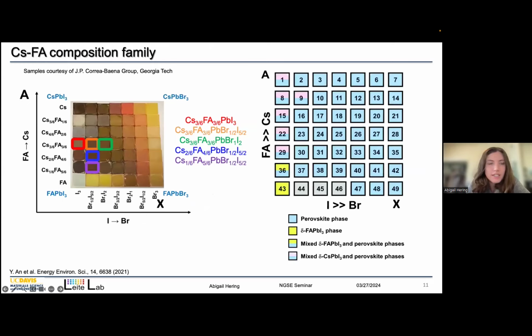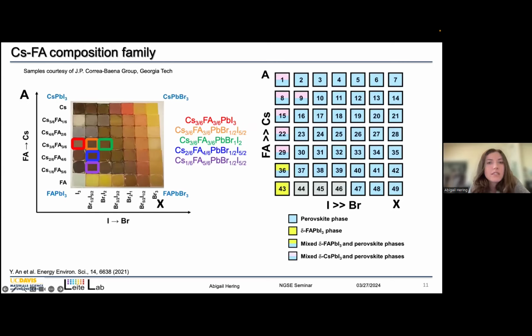So for this set of experiments, we chose these 5 compositions shown here. Our collaborators at Georgia Tech fabricated this entire composition space where the A site is varied from FA to cesium, and the X site is varied from pure iodine to pure bromine.